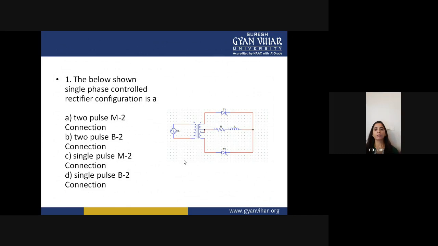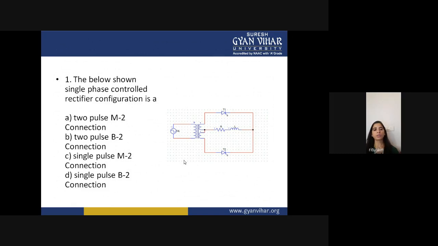If you want a full wave uncontrolled converter, then you have to use two diodes. If you want to use a controlled converter, then you have to use some SCRs. If it is half wave, then you have to use one SCR. If it is full wave, then you have to use two or four SCRs, which will depend upon the configuration of your converter. Okay.